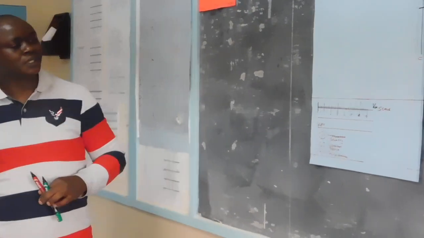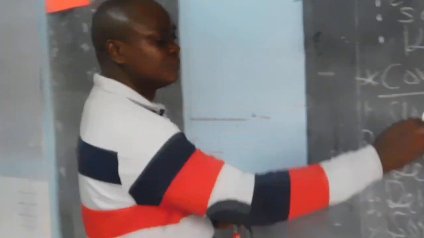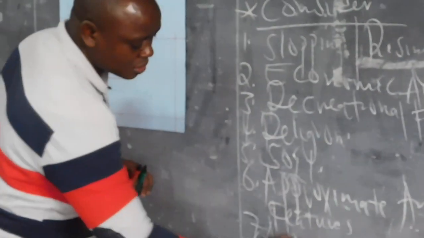Then 7, after approximate area, soil, religion, recreational facilities and economic activities, we also have administrative unit.